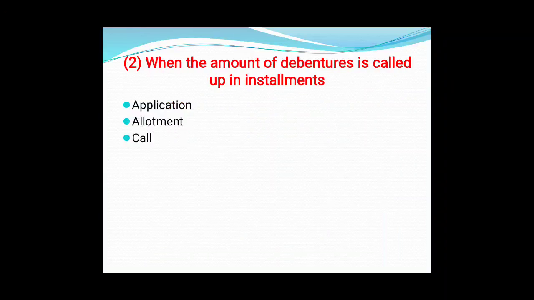So we will be learning about those entries. The entries are quite similar to share capital transactions, as we know that in share capital, first when applications are received, bank account is debited and application account is credited. Here also the same thing will be done. Bank account debit to debenture application account will come, and then the application money is transferred to debenture account.